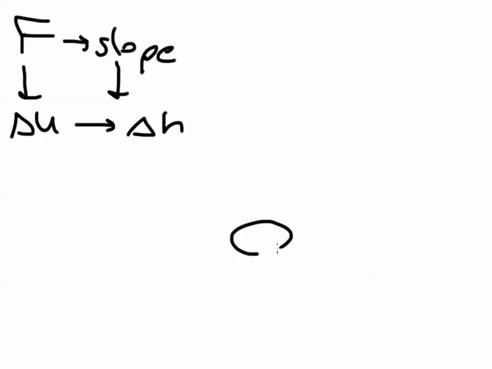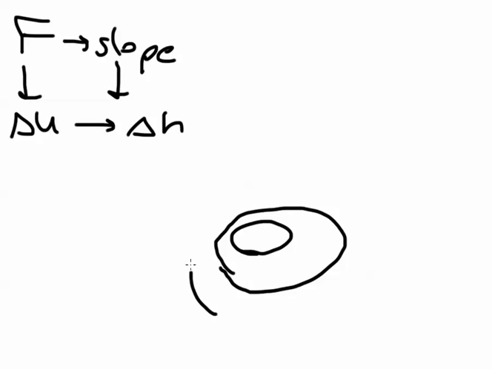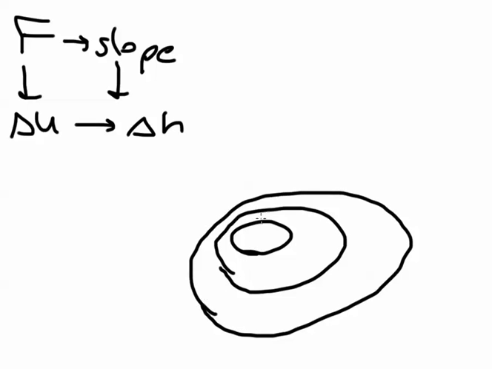So if I were to draw a contour plot, let's say there was a hill that looked like this, then I would say that the delta H is the difference in height across these two contour lines. So if I pick 2 points, then this delta H would be a certain thing, or I could find the delta H between these 2 points, right?